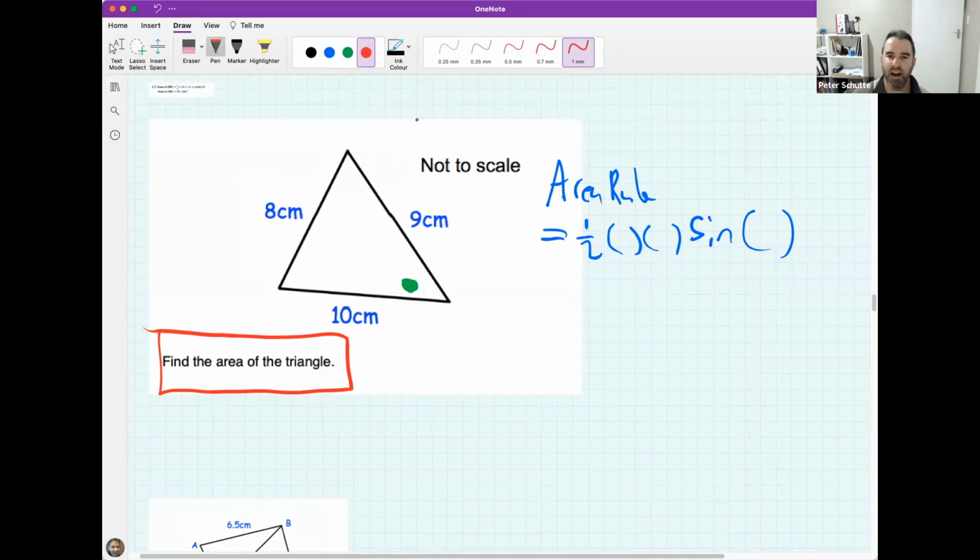To find the area, you have a side, you have another side. What you don't have is the angle in between those two sides. But I think you have a way of finding what that green angle is and then using it to help you go on your journey to find the area.